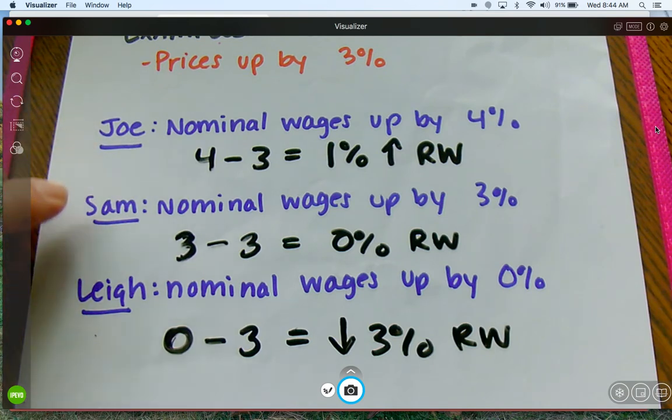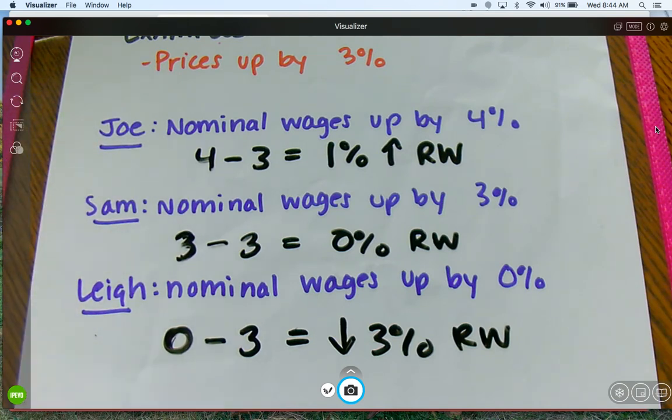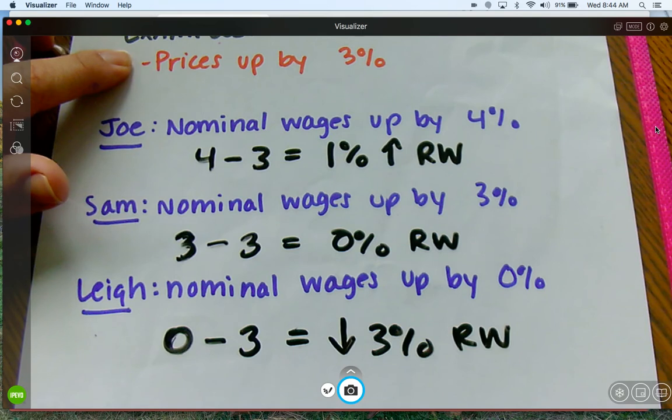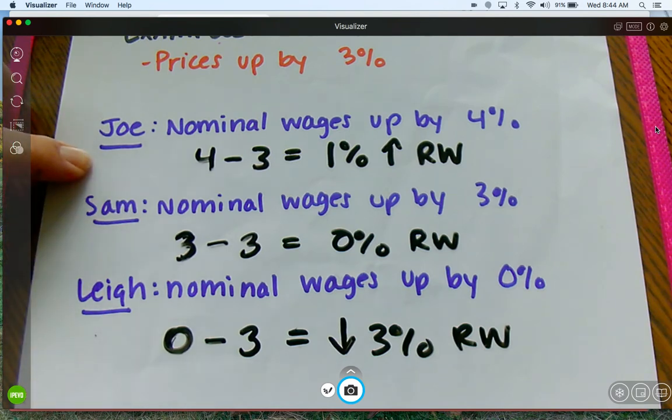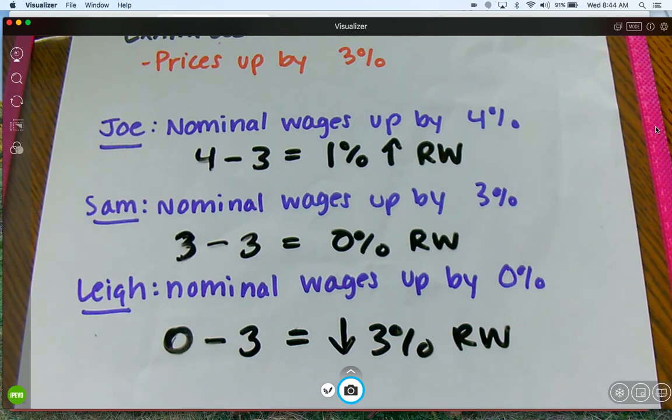So these are three different individuals who are experiencing this change in price level in a very profound and different way. So one person is able to just break even. One person is in reality taking a pay cut, and the other person in reality is getting a raise, but it's not as substantial as the on paper raise would imply.